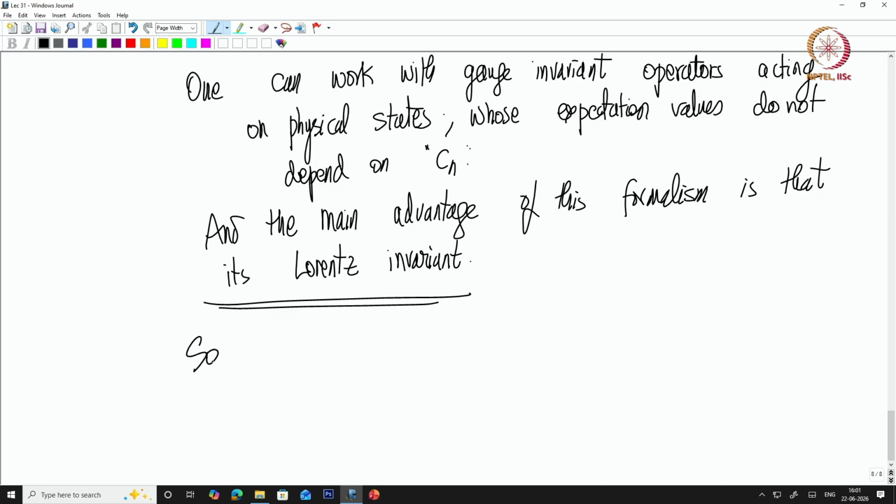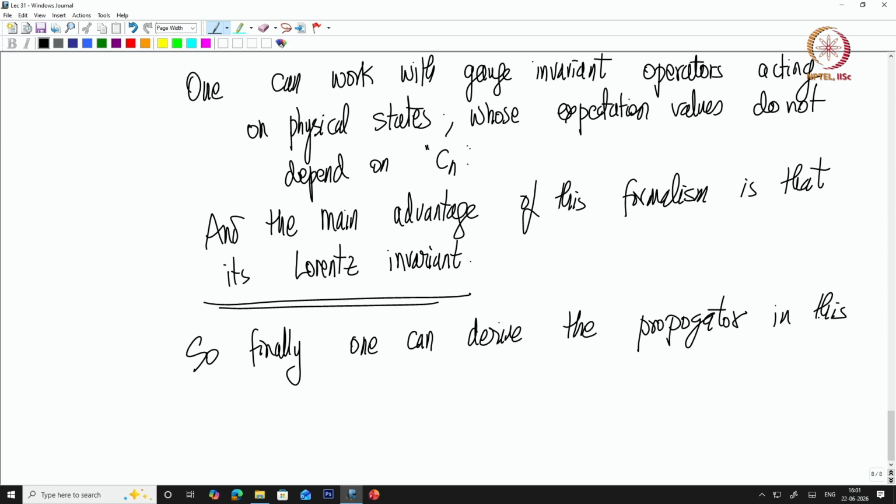So finally, one can derive the propagator in this case also. I want all of you to derive the propagator, but in Lorentz gauge essentially.